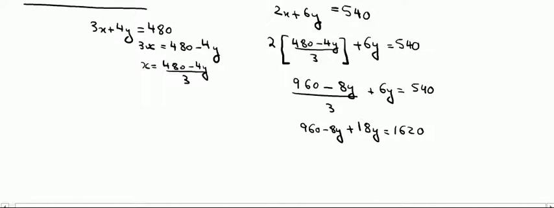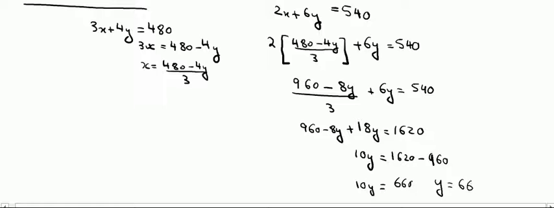After that we will have 10y equals 1620 minus 960. 10y equals 1620 minus 960, which is 660, and therefore y equals 66.